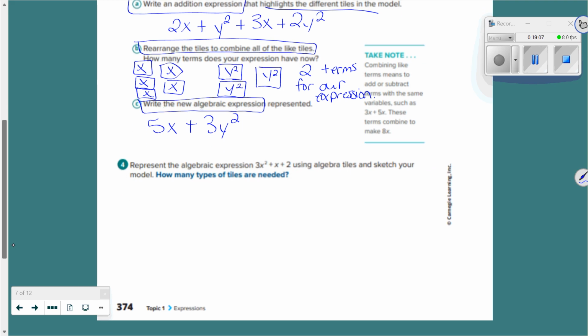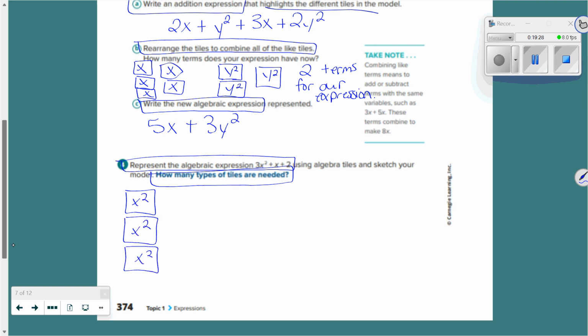Represent the algebraic expression 3x squared plus x plus 2 using algebra tiles and sketch a model. How many types of tiles are needed? So what would I draw for the first term? How many times? x squared, x squared, x squared. What about my second term?